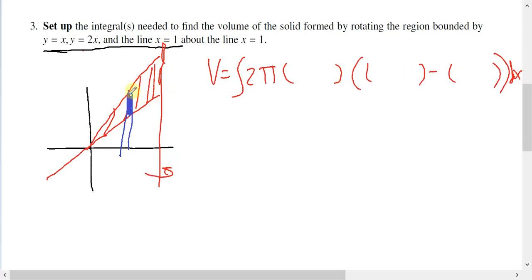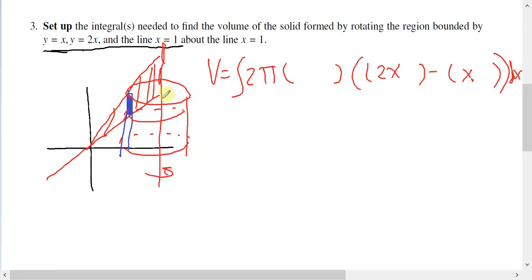Well, the bigger height, making these shells that are going around, I'm subtracting the bigger one that goes all the way from the x-axis up to the top. That's given by 2x. And then I'm subtracting off this lower shell, and that's given by x.